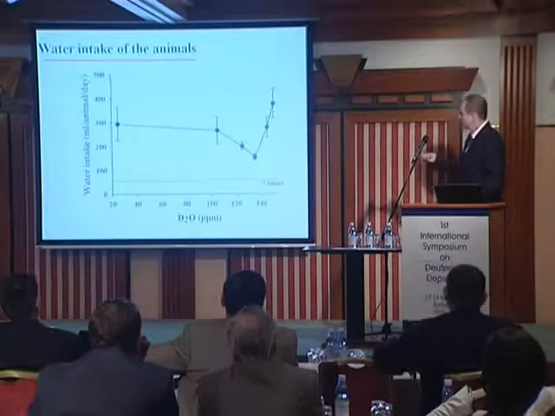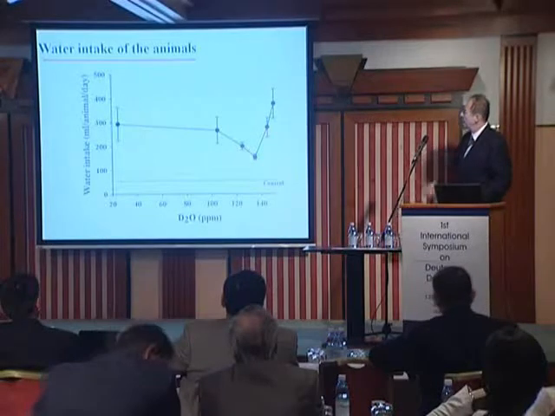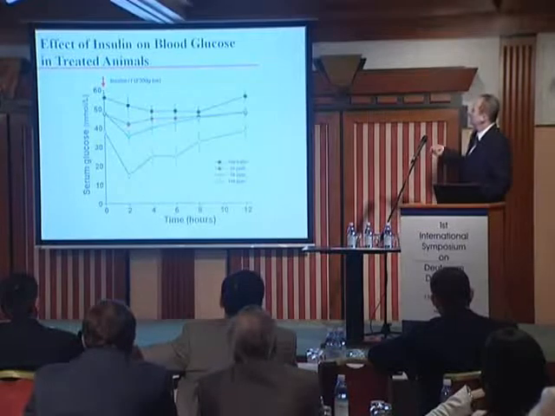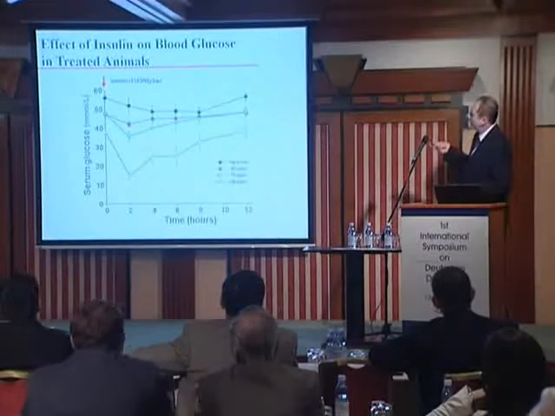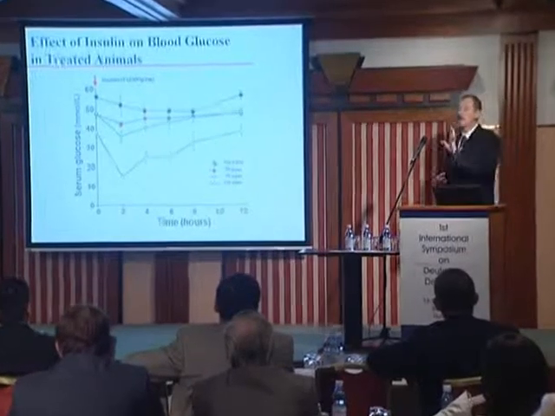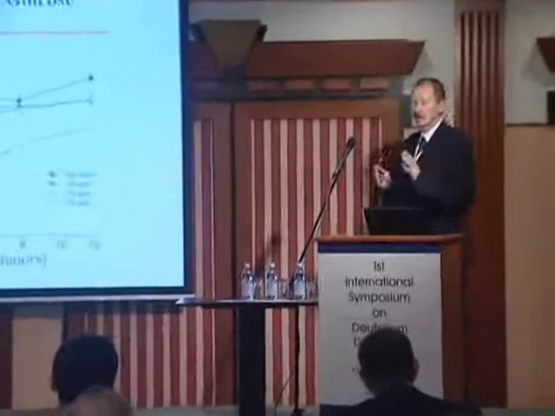But from this view, we said, okay, we do have an optimum, and a very similar optimum to what the glucose concentration showed. This is how the insulin affected the body. What we did in this experiment, we gathered several animals from the several groups, and we injected insulin into these rats, and we checked how the blood glucose level changed in these animals.